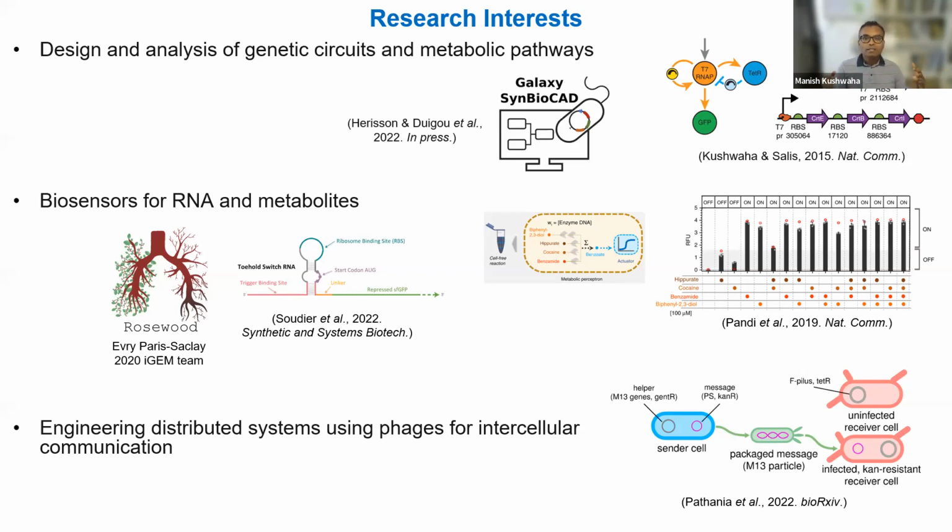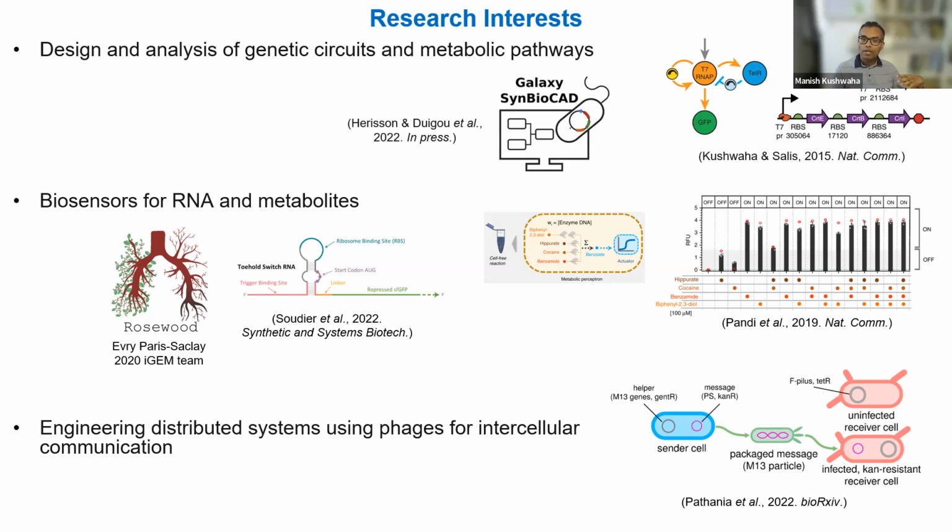Within that, the specific thing that I'm interested in is design and analysis of genetic circuits and metabolic pathways, biosensors for RNA, for metabolites and such like. And also more recently, I've started investigations into how to engineer distributed systems using phages for intercellular communication.